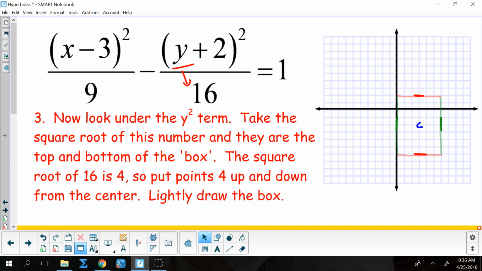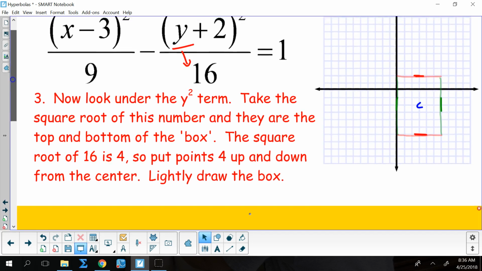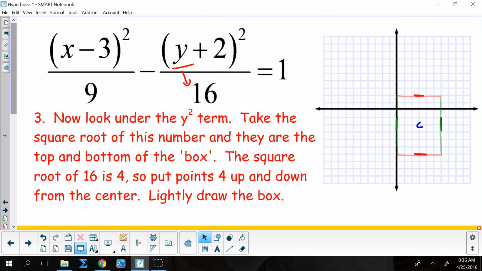Drew it in with nice prettiness. Actually, we gotta go a little black blue. Oh yeah, I like that one better. That's the transparency right there.